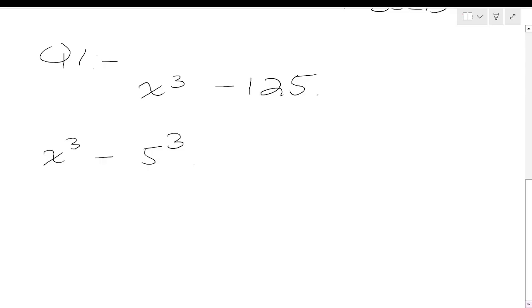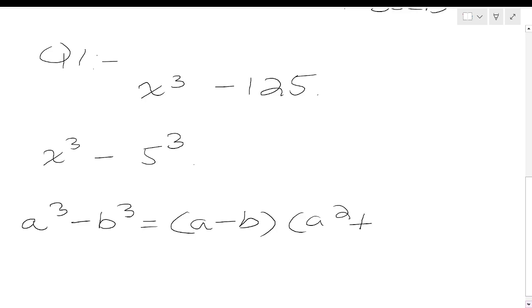So we're going to use the second formula, which was a cube minus b cube. It is equal to a minus b, a square plus b square plus ab. So firstly I will write is equal to, then I'll write a subtracted from b. Suppose x is a and let's suppose b is 5.